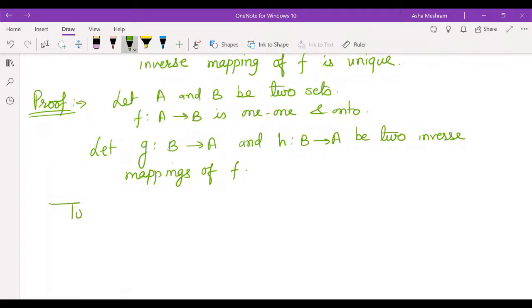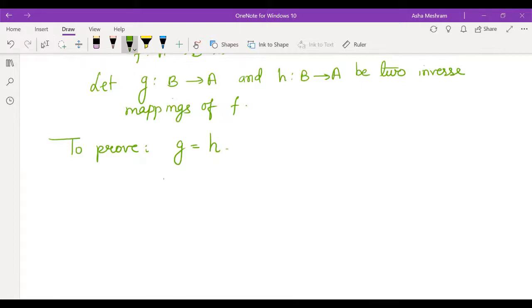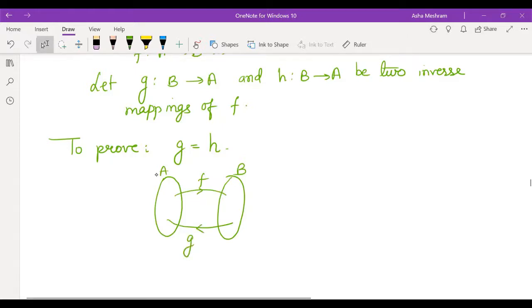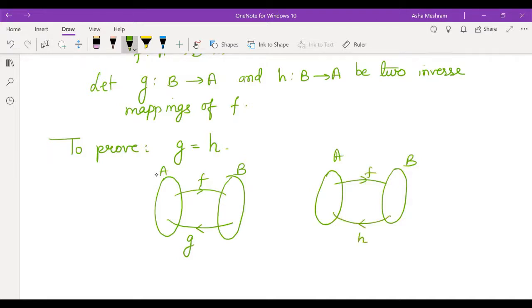What should we prove? We need to prove that this g is equal to h. Here this mapping f from A to B, and here we have considered one inverse mapping g from B to A, and again this is A, this is B, this is mapping f, and this is inverse mapping h.